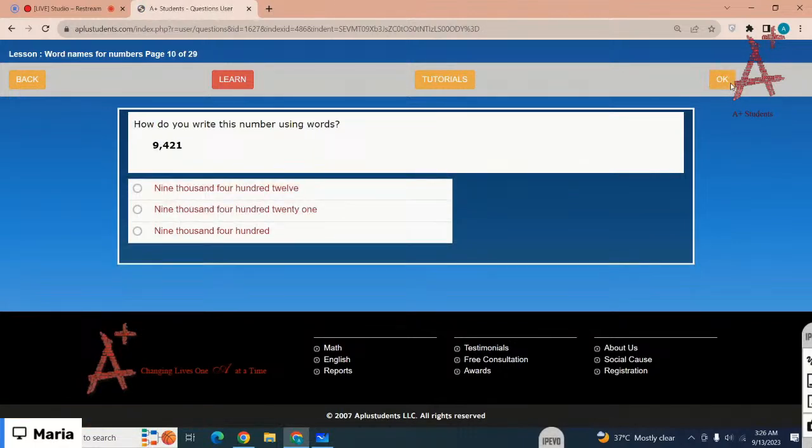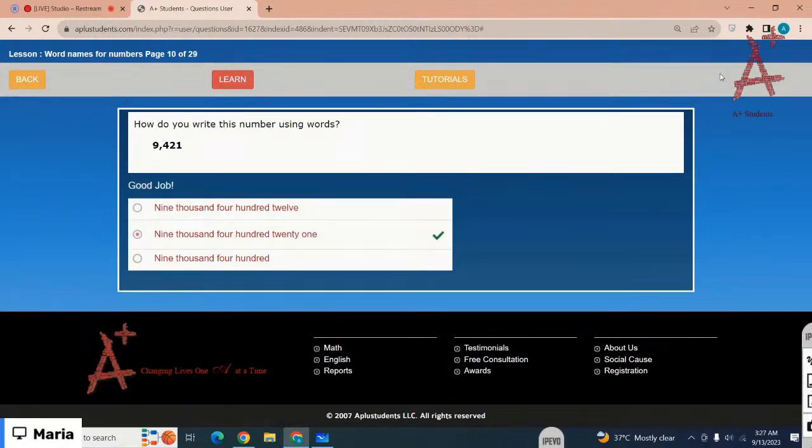How do you write this number using words, 9,421? Which is the correct option? Yes, the second one, 9,421. The second one is the correct option.